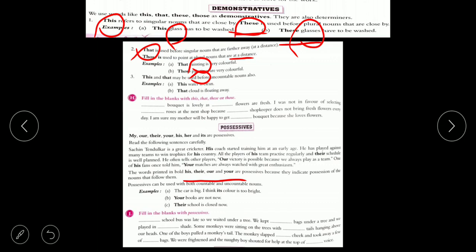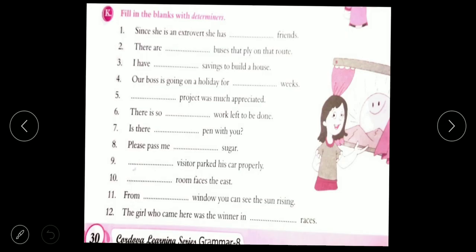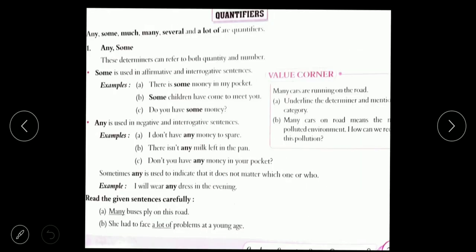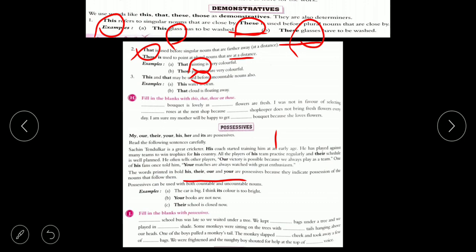Now the next question: fill in the blanks with possessives. Dash school bus was late, so we waited under a tree. Our school bus. First one, O-U-R. Our school bus was late, so we waited under a tree.